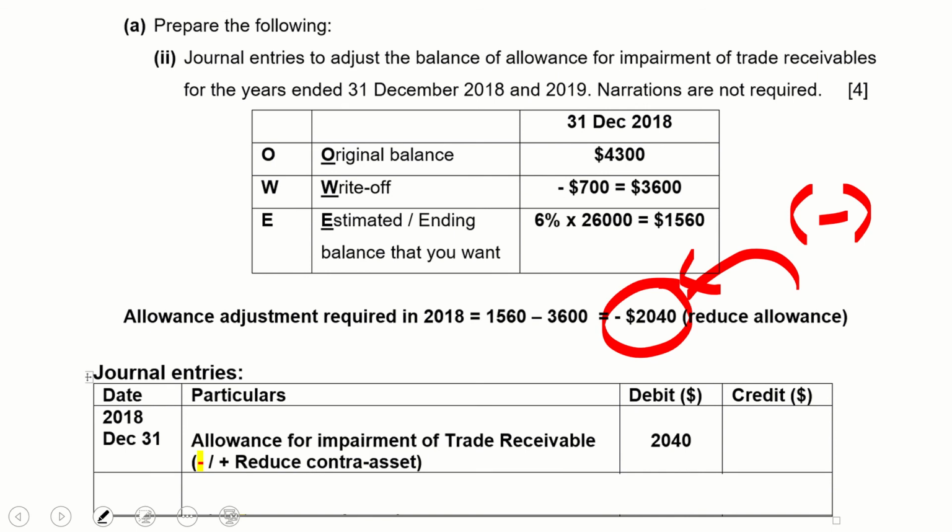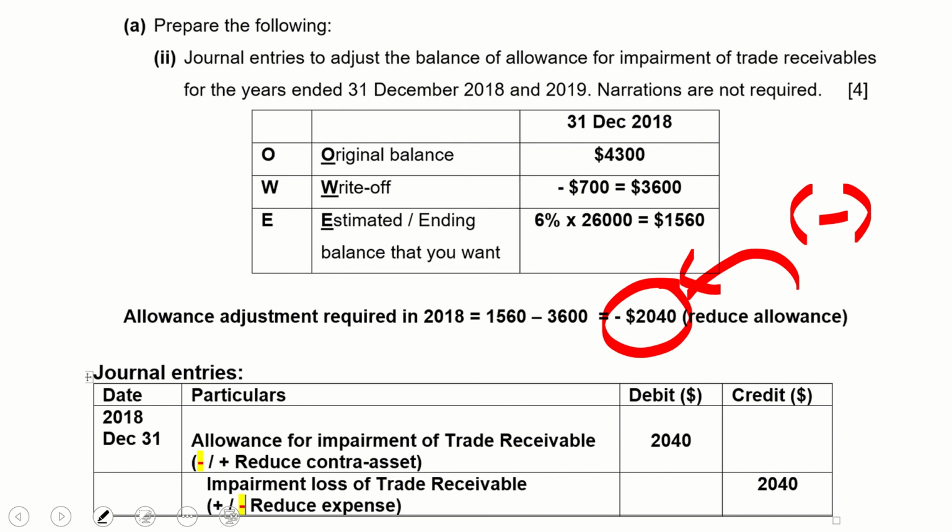The next entry I record is a reduction in my impairment loss. I have lesser impairment loss because I found out I don't need to set aside so much money. So a negative loss is like a gain. I've actually made some gains because at first I thought I would have a lot of people who cannot pay me.